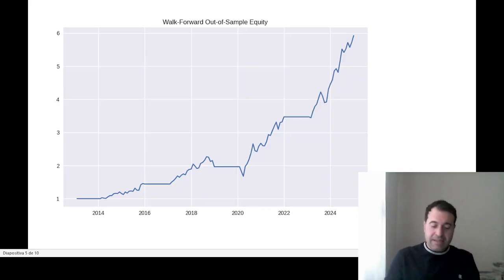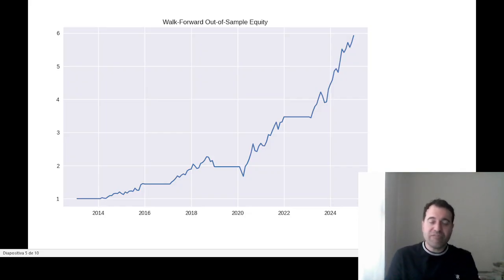This is the most important chart in the entire analysis. What you are seeing here is purely out-of-sample performance. No in-sample equity is included. The strategy grows from 1 to almost 6 over the testing period.